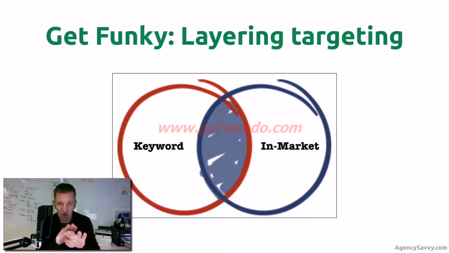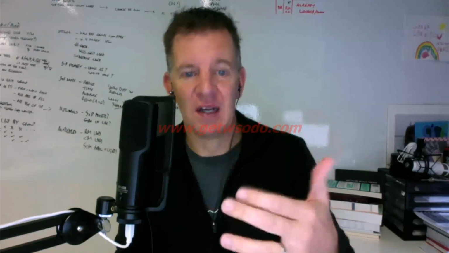Just find me the overlap of that little Venn diagram and only show my ads to people who are both reading information about this and are currently in the market for this thing. Don't worry about that if this is your first time playing with Google Display, but this is where we tend to get the best results. Once we start combining different targeting options and getting really refined with our targeting, that's when you're going to get the best results.